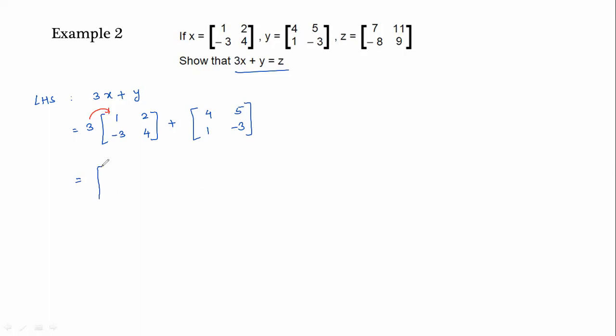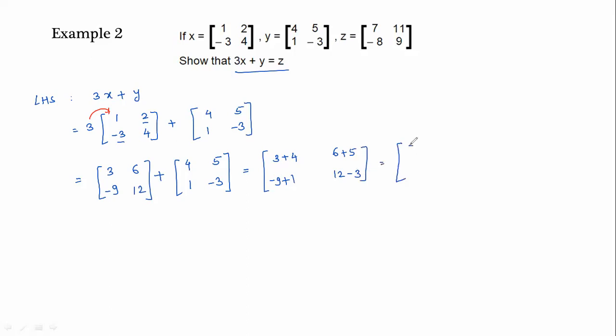So 3 into 1, 3; 3 into 2, 6; 3 into minus 3, minus 9; 3 into 4, 12; plus 4, 5, 1, minus 3. Let us add this. It will be 3 plus 4, 6 plus 5, minus 9 plus 1, 12 minus 3.